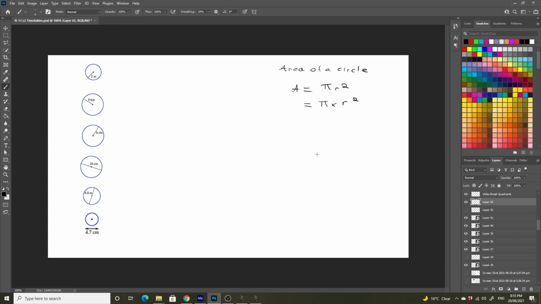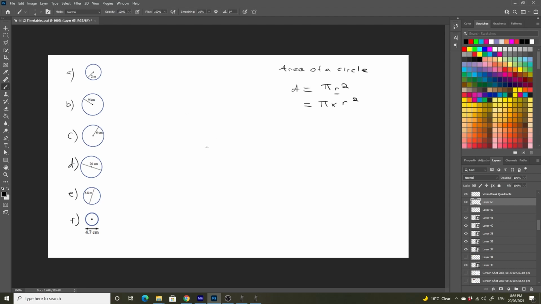Okay, so we've been given the formula for the area of a circle, and now we can solve for some of these problems. The only thing we really need in order to solve for the area of the circle is the radius.